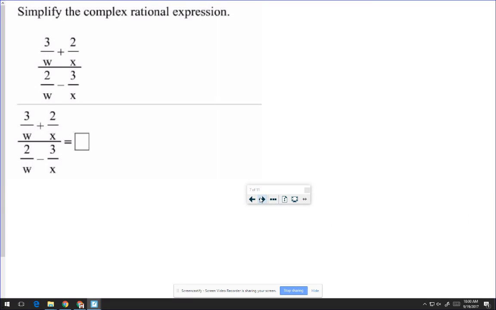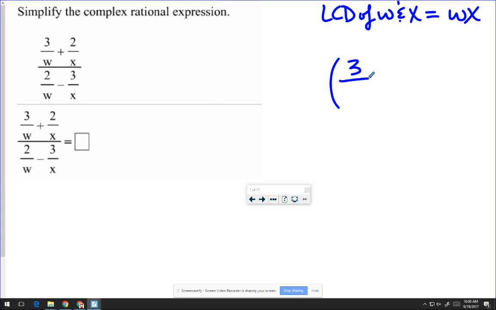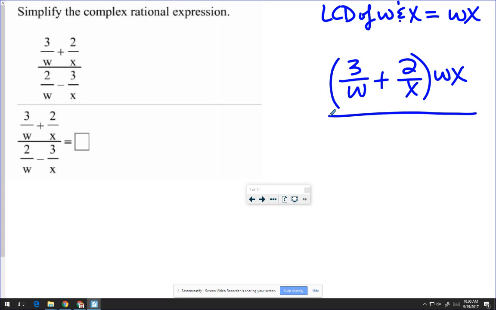All right, on bottom of my little fractions, I have w and x. So my LCD is going to be wx. So I'm going to multiply by wx on top and on bottom.